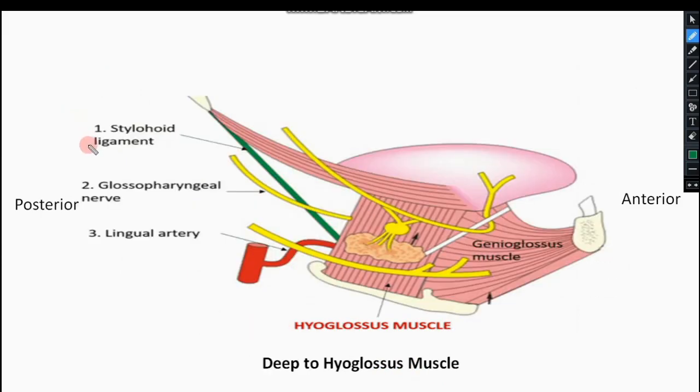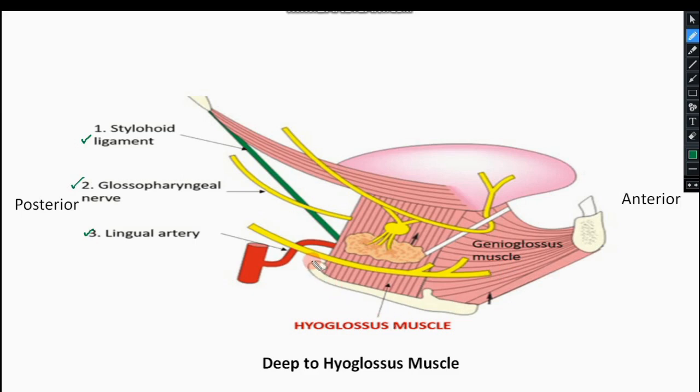The important structures running deep to the hyoglossus muscle are the stylohyoid ligament, the glossopharyngeal nerve, the lingual artery, and this important muscle, the genioglossus.